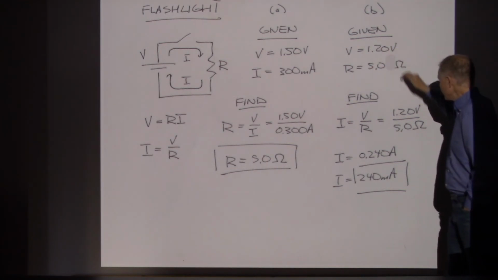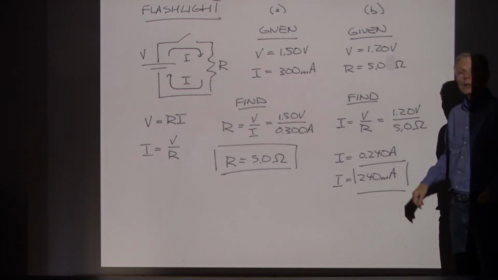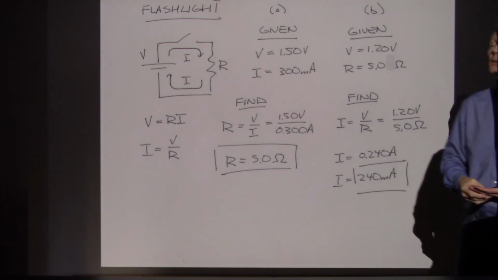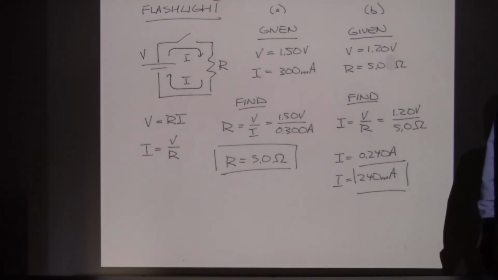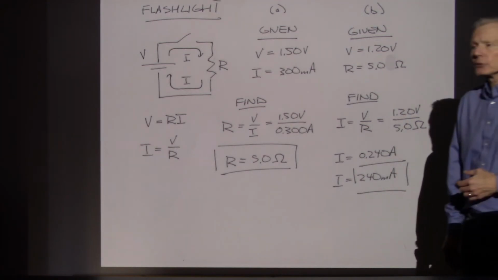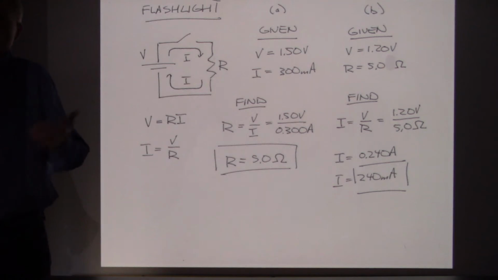If I take the 1.2 and multiply by the 240, we'll see that the power has dropped. It's like a 20% drop in voltage. It's going to drop by like 30% or something, right? So we're going to see a fairly significant drop in the power of that flashlight. And you guys have experienced that when the flashlight batteries begin to go.